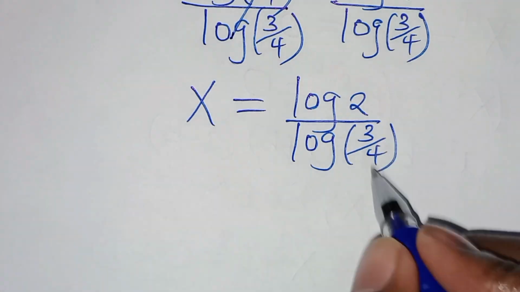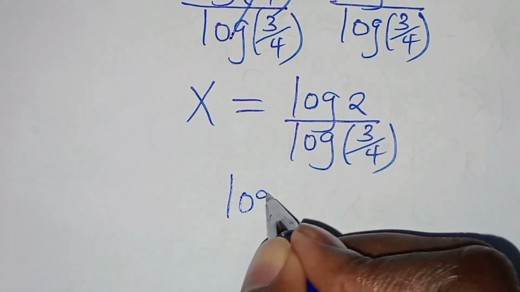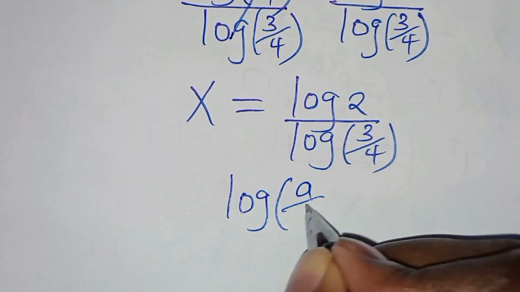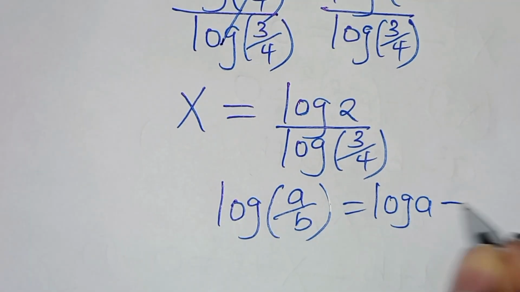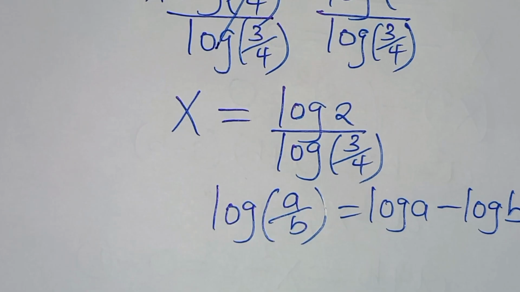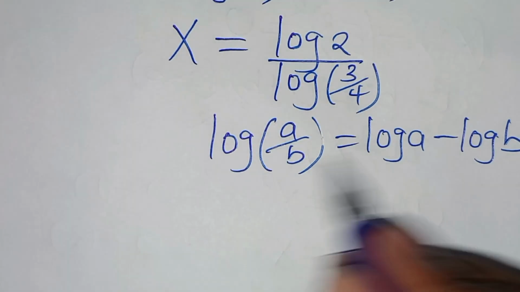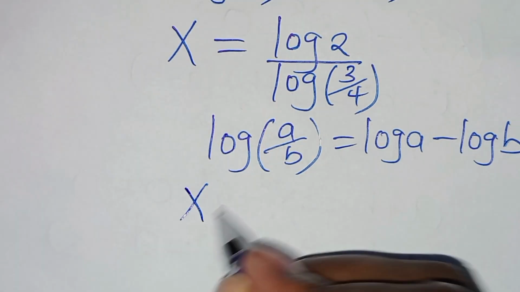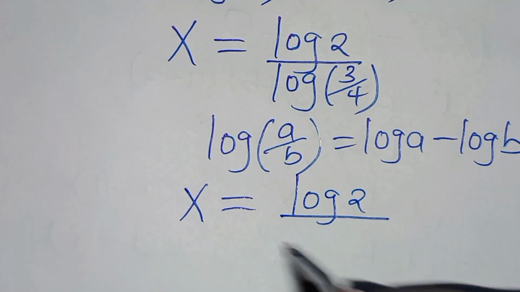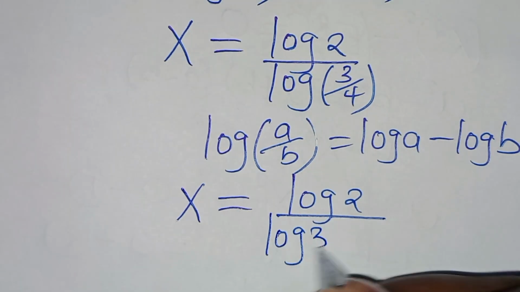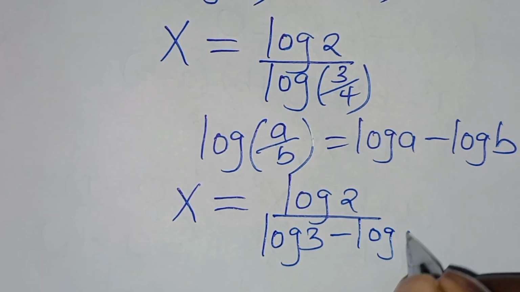Now, log 3 over 4 is in the form of log a over b, which we can express as log a minus log b. Applying this logarithm property, we have that x is equal to log 2 divided by log 3 subtract log 4.